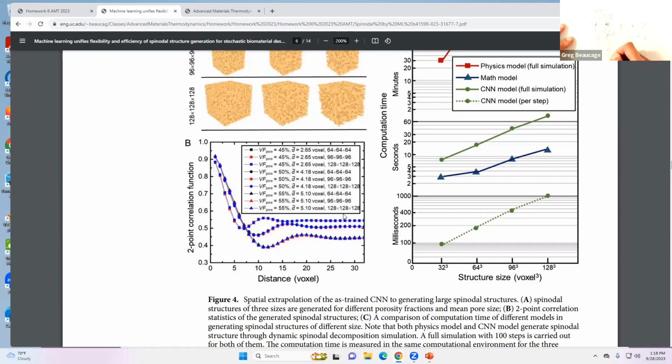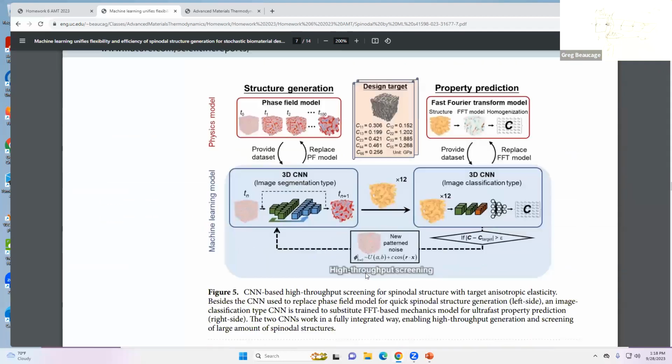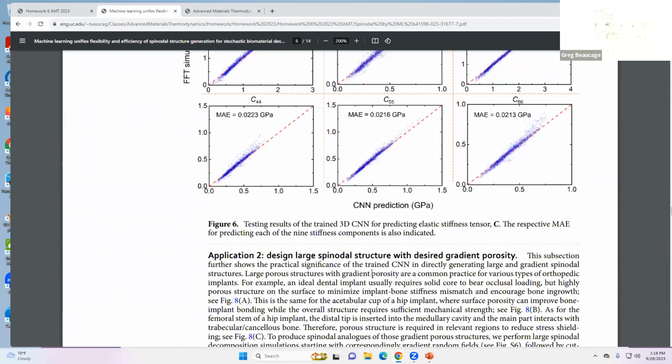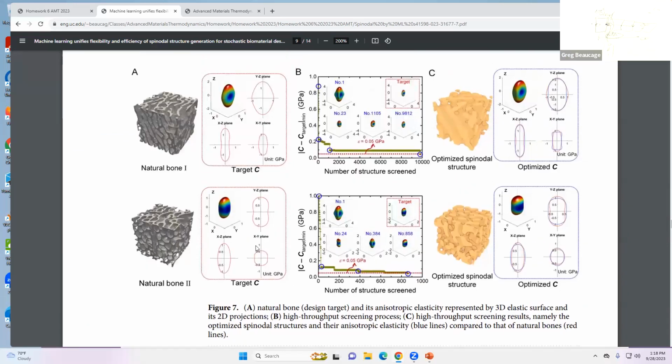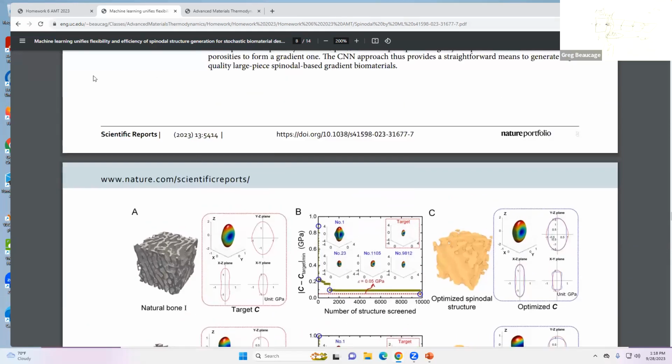So there are several choices you can have in terms of padding the sides of this thing during the initial phase field simulation. So anyway, that's what the padding thing is.